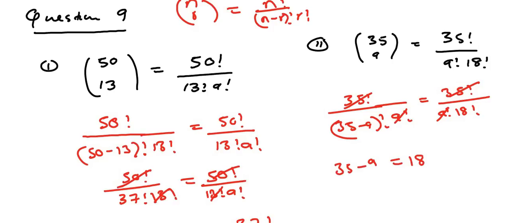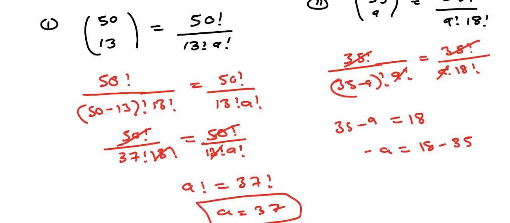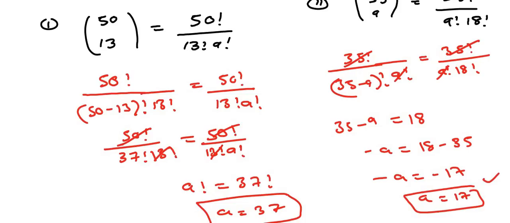The factorials can cancel out. So we'll have negative a is equal to 18 minus 35. So 18 minus 35, that should be negative 17, so this is negative 17, implying that a is equal to exactly 17.